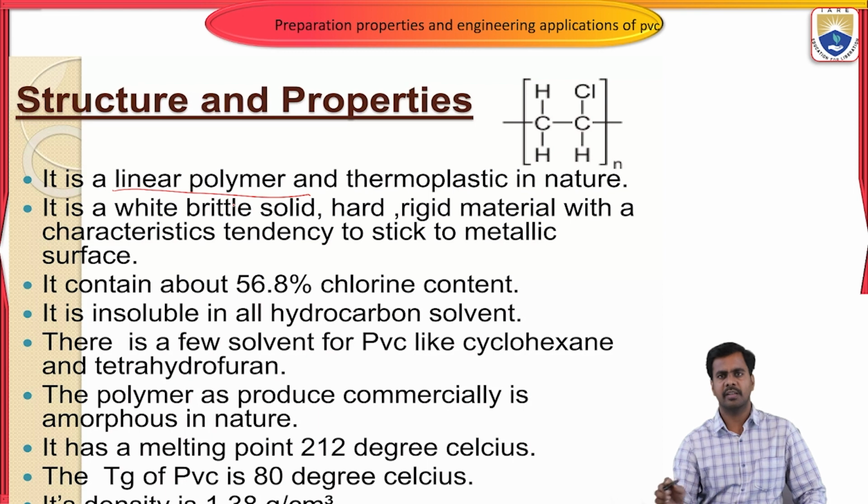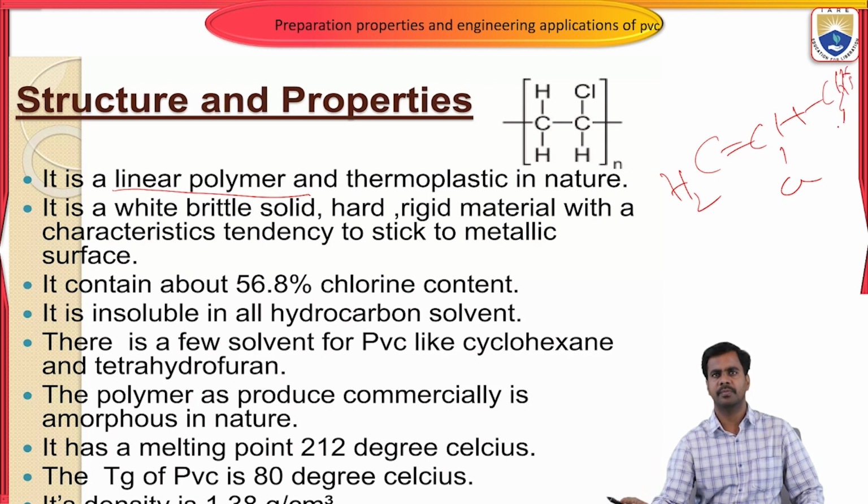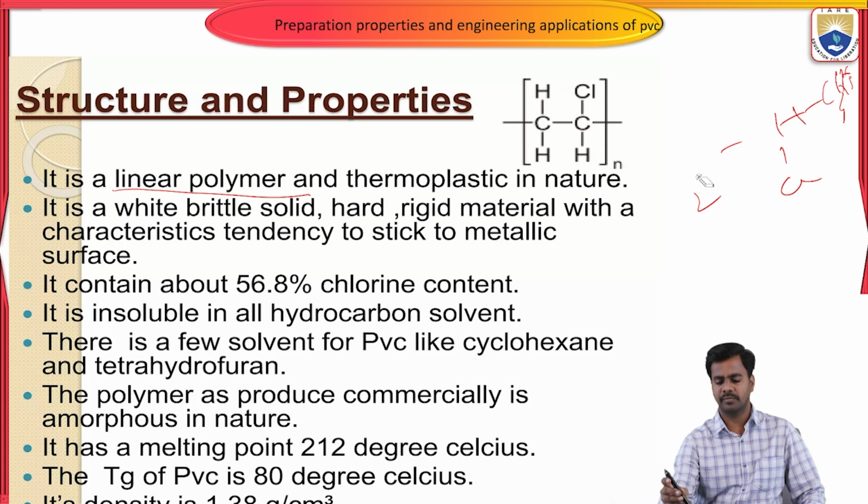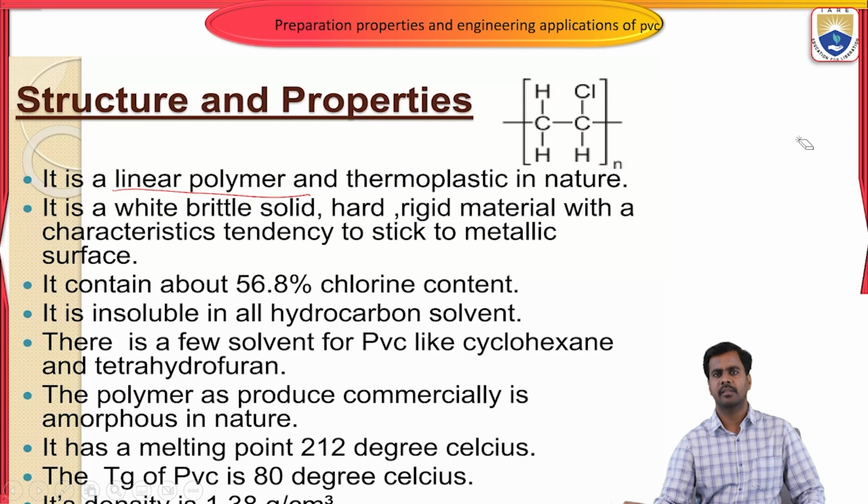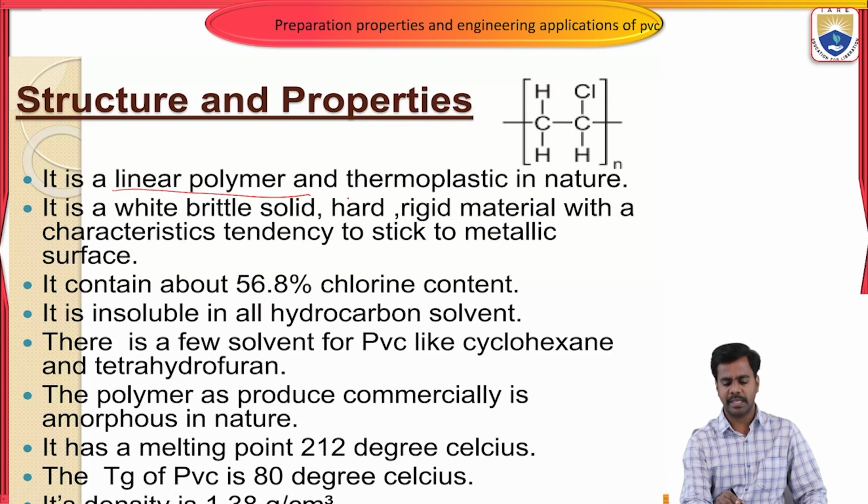Linear polymer means there are no side branches. The polymer is linear, like CH2=CHCl, CH2=CHCl. The structure is linear, and there are no cross linkages in between the polymeric structure. And it is a thermoplastic.